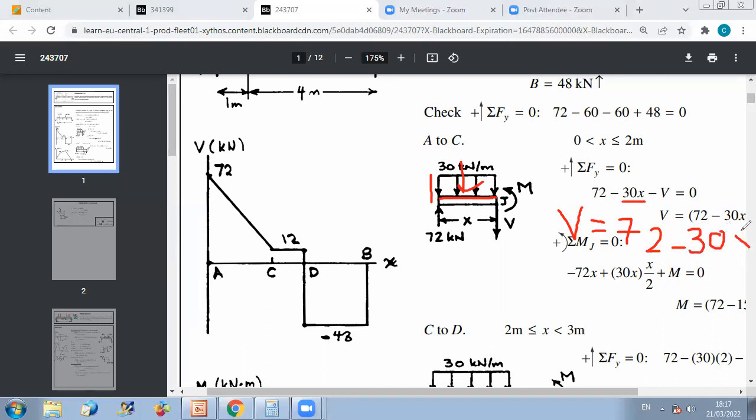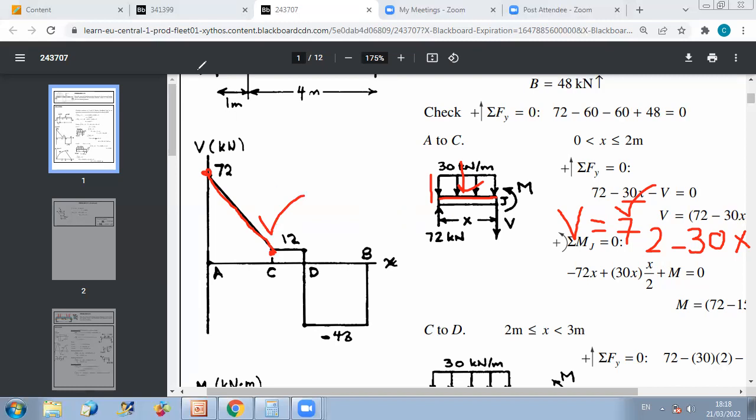As expected using the area method, I have a linear decrease in the first section. Now all I have to do to draw my graph is to take 2 points. If you replace x equals 0, you get 72. And for x equal to 2, you get 72 minus 60, which is 12. So you obtained exactly the same result as the area method.